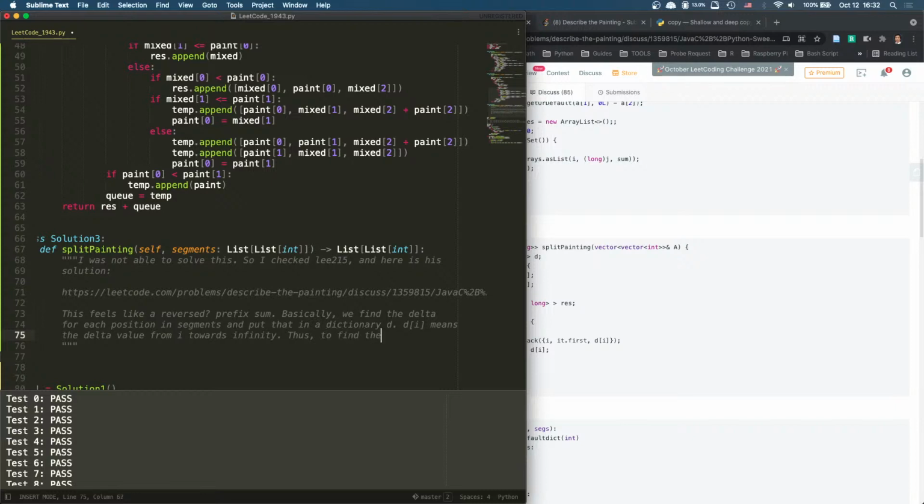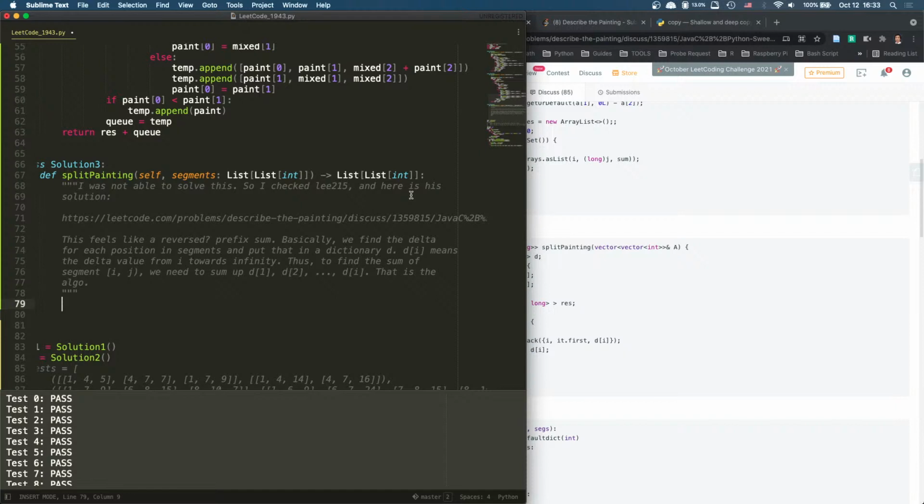Thus, to find the sum of segment i to j, we need to sum up d1, d2, all the way to di. Yeah, everything has a delta, everything has to sum up. And that is the algorithm.